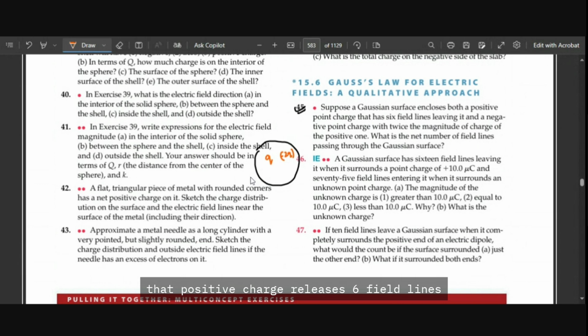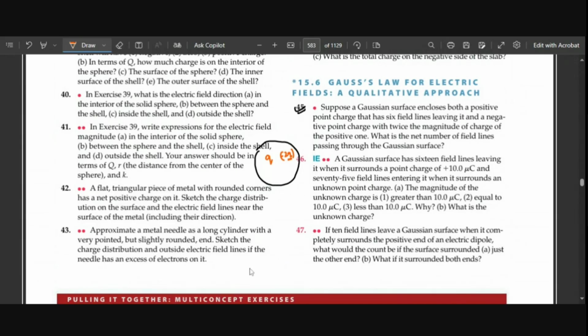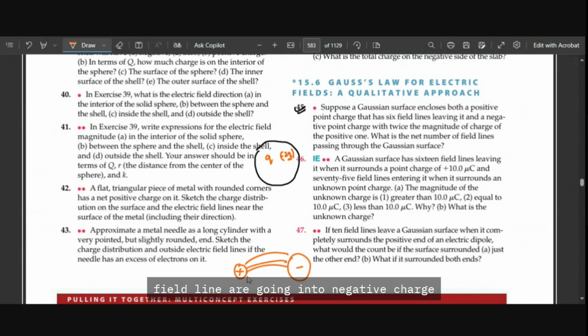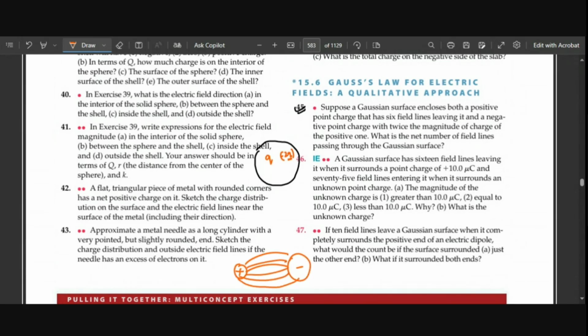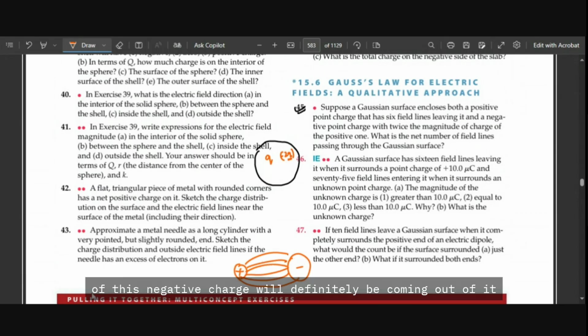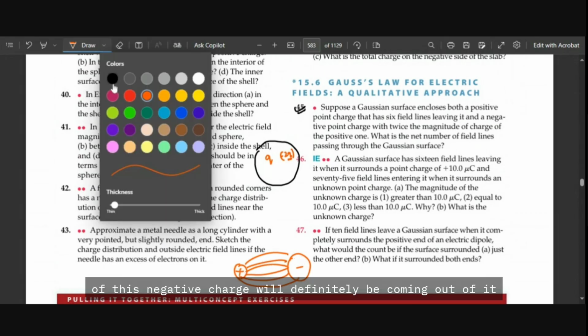The question says that positive charge releases 6 field lines. So if it is releasing 6 field lines, 2q charge must be capable of releasing 12 field lines. So if from positive charge 6 field lines are going into negative charge, then the remaining 6 of this negative charge will definitely be coming out of it.